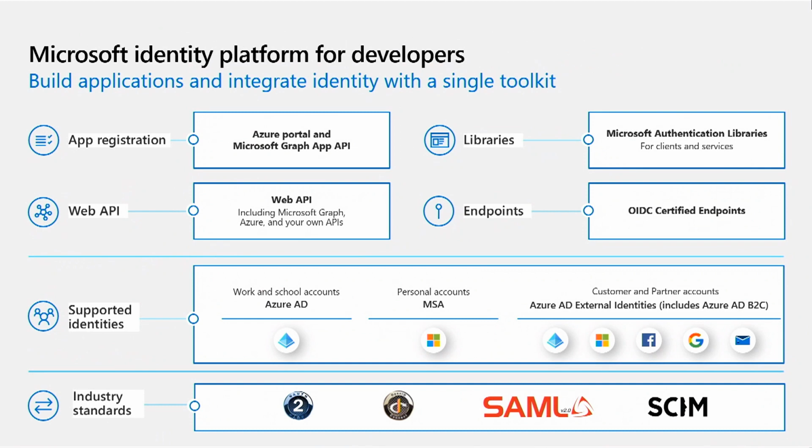And those service endpoints work on many supported identities. They work on Microsoft personal, work, or school accounts, but also social identities. And as I said before, all of this is built on a base of the industry standard protocols that the Identity Platform at Microsoft supports.